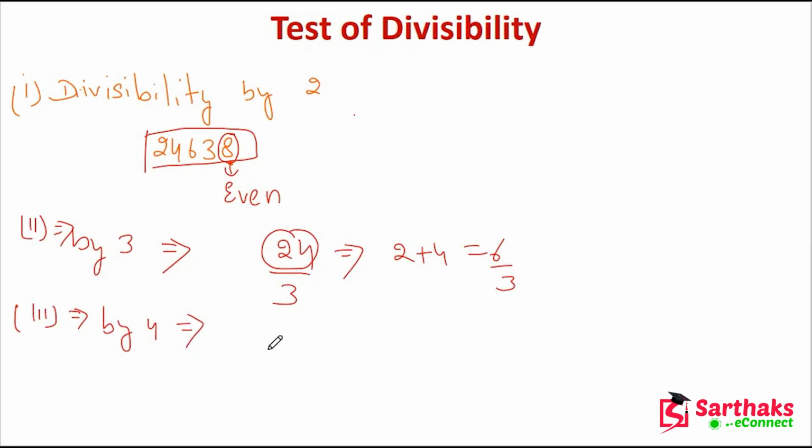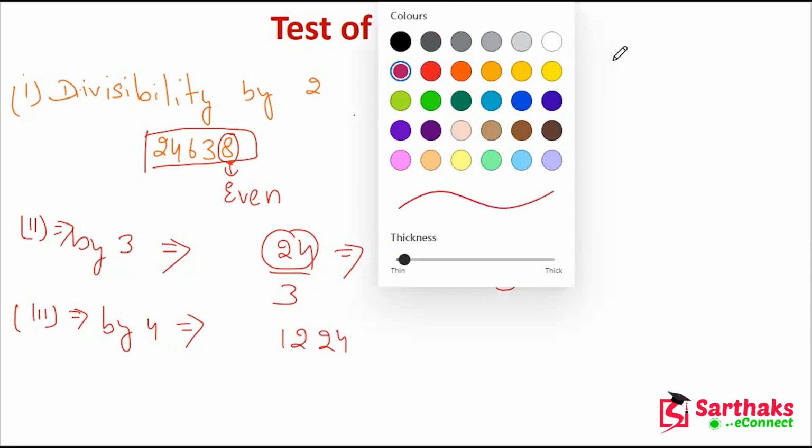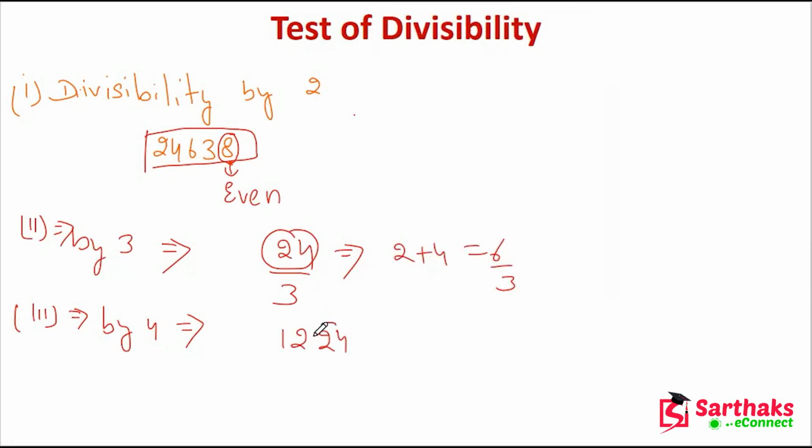Means if we have a number like 1, 2, 2, 4, if the last two digits are divisible by 4, then we can easily divide the whole number by 4. I hope you get this point.